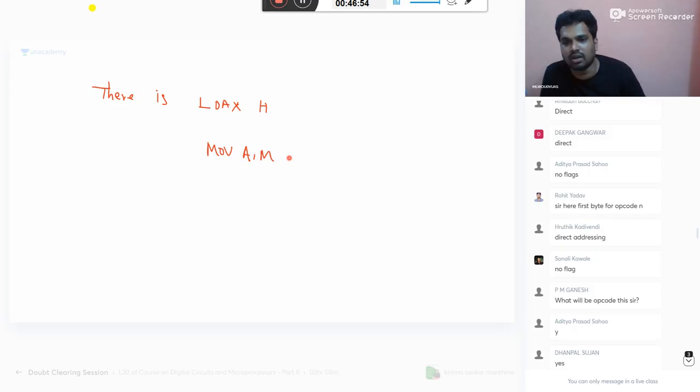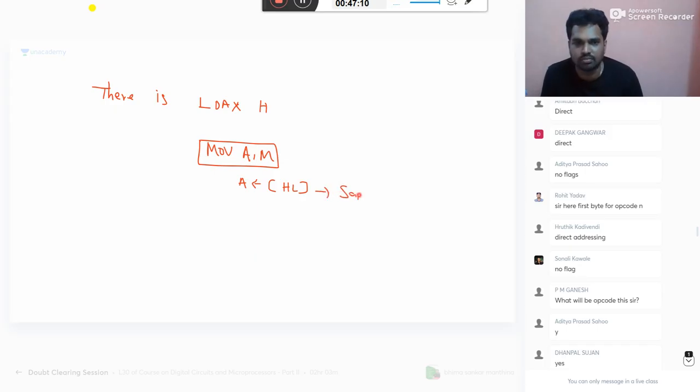We have move A comma M. Not because of LHLD, but because of move A comma M. Move A comma M will copy into A the contents of the memory pointed by HL. If you want LDAX H, A should be copied with HL. That is not required. There is no LDAX H. It is not a valid instruction.